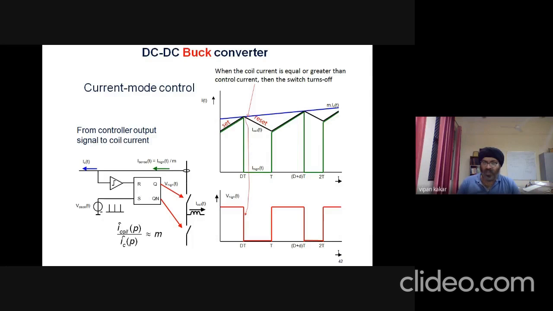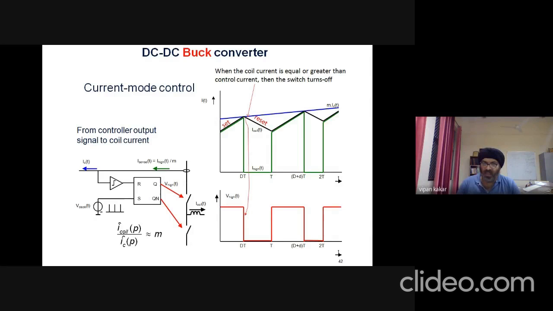So we need to compare this inductor current with the control current or the measured current. And when this inductor or coil current is equal to or greater than the control current, then the switch turns off, like here.